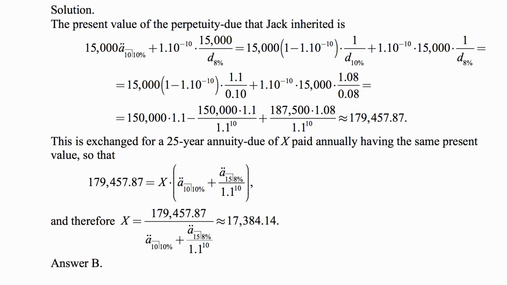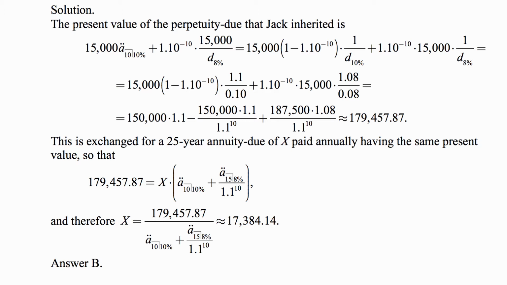So x is multiplied by the present value of a unit annuity due over 10 years, plus the present value of a unit annuity due payable over 15 years, however payable 10 years from now. So to get the present value, you need to divide it by 1.1 to the 10th. But that expression, x times those two added up, is equal to the present value of the perpetuity.